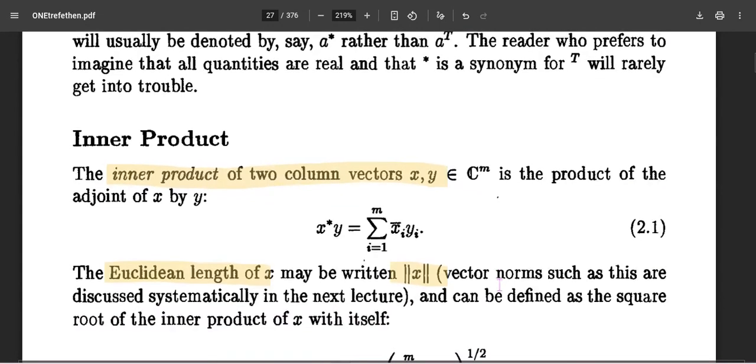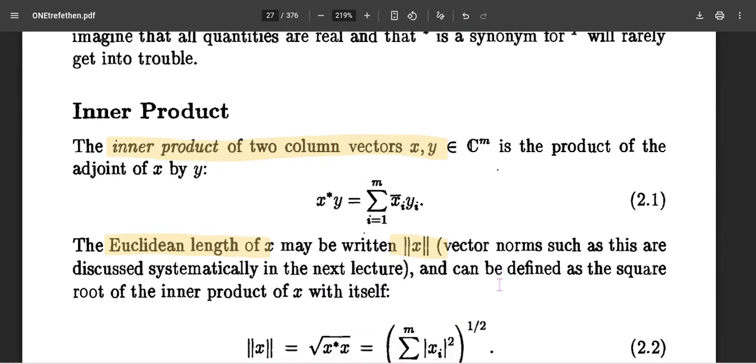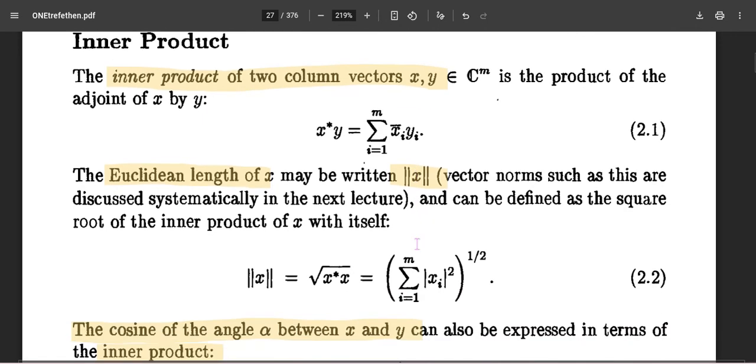Then the second concept is the inner product. Let us take two column vectors, and if we do an element-wise multiplication and sum all those element-wise multiplications, then that value is termed the inner product of two column vectors x, y in m-dimensional space. To be noted, there is a concept called the norm, which will be detailed in the next video.